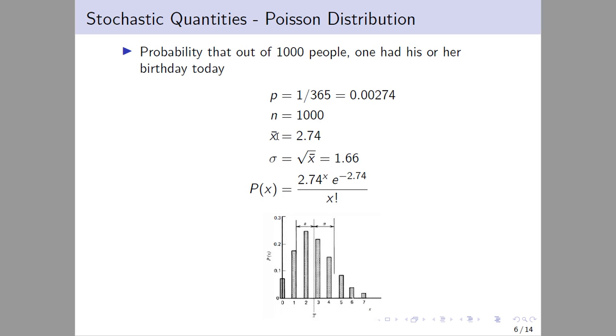The mean is equal to n times p, so 2.75, and the standard deviation is 1.66. Here we can choose any day, 365 or 364. So we can get this Poisson distribution like this, P of x.